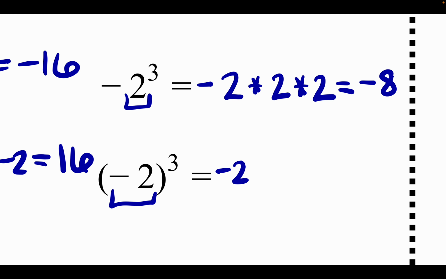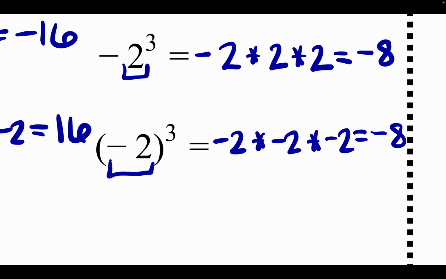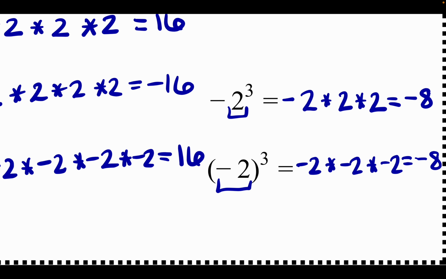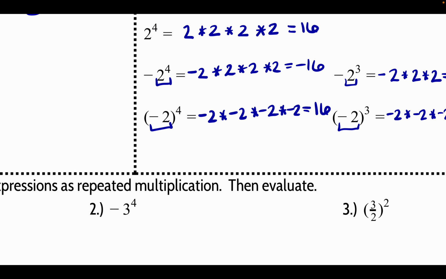So negative 2 times negative 2 times negative 2. We would have negative 8 still. So in that case, it didn't change the answer, but it is important to note your negatives, because it could change it. It could determine your answer to be different.